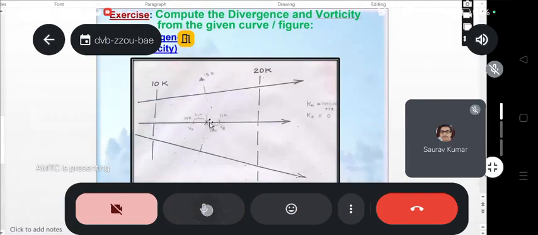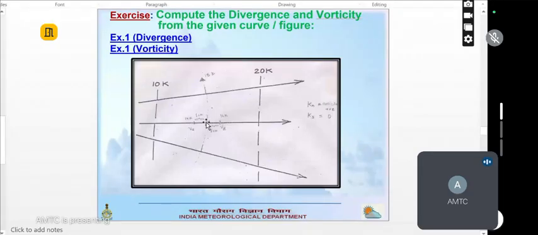Yes, sir. This is the point of consideration. One thing is that we want to draw an orthogonal curve. For this thin line, we draw a perpendicular.